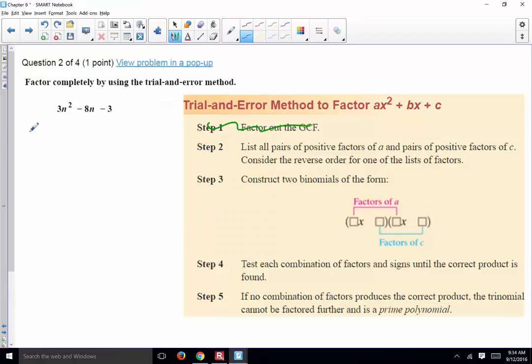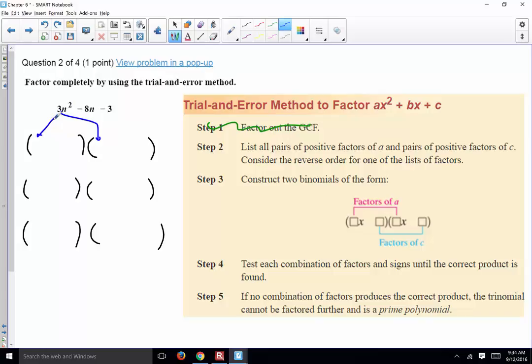Okay, next question, second question. 3n squared minus 8n minus 3. Let's set up our candidates. These two spots will come from the factors of 3.